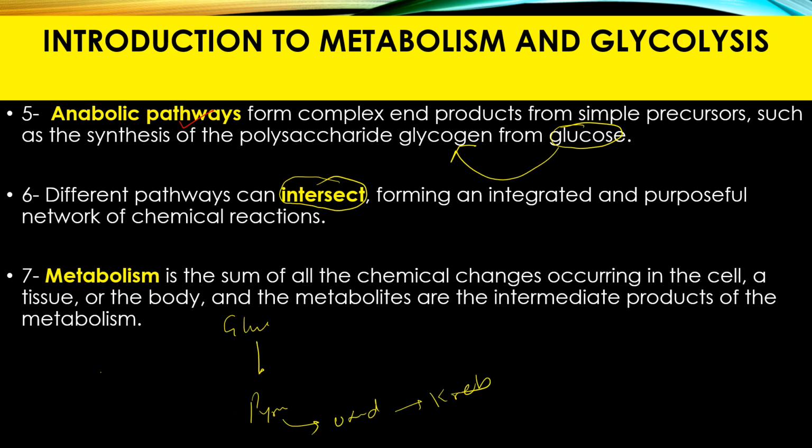Similarly, fats are converted into fatty acids and glycerol, and these are also interconnected. So all the reactions form a mesh or chain within the body. At the end, metabolism is the sum of all the chemical changes occurring in a cell, a tissue or a body, and the metabolites are the intermediary products of metabolism.